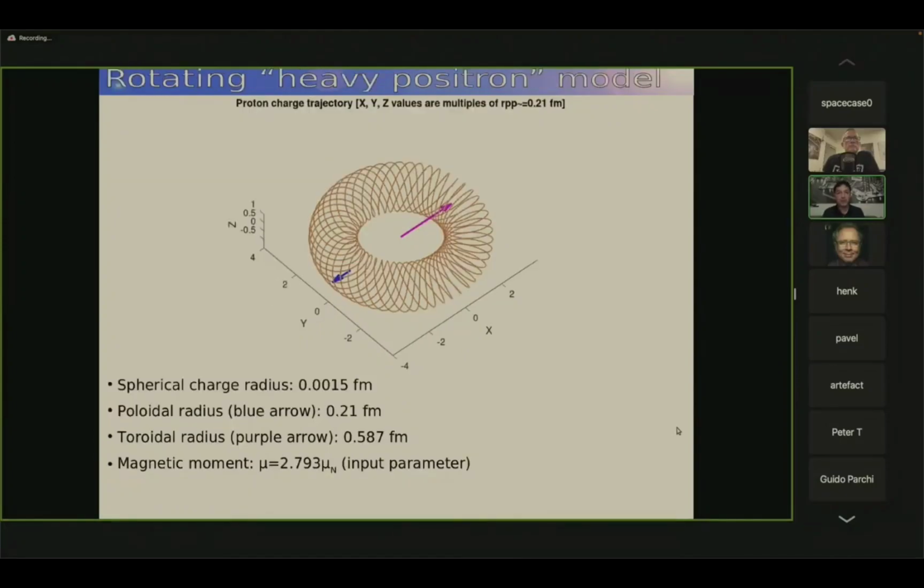So in the article that we have, we consider both of these options, and then we calculate the corresponding numbers. For the first option, the rotating positron model, we get the spherical charge radius being this before-mentioned value that matches, poloidal radius 0.21 femtometer, and toroidal radius about 0.6 femtometer, and the magnetic moment we take as an input parameter.